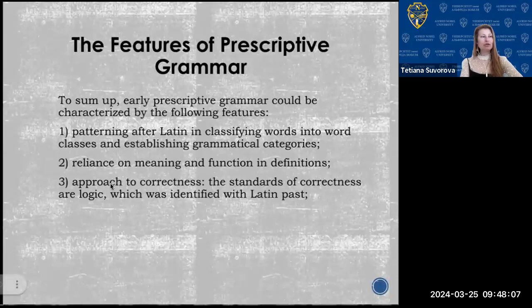Then, the approach to correctness. Any prescriptive grammar is about correctness, how to use the language correctly. And I would, for example, recommend while I teach practical grammar to use full forms of words, not shortened or abbreviated, and to pronounce them correctly, also fully, not abbreviated.